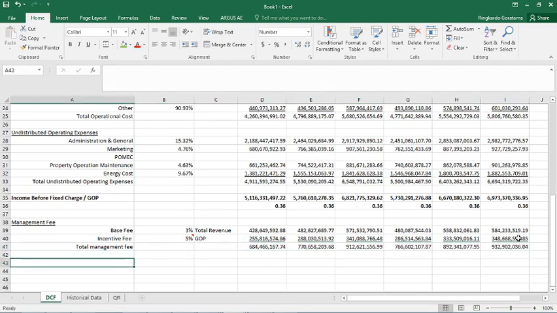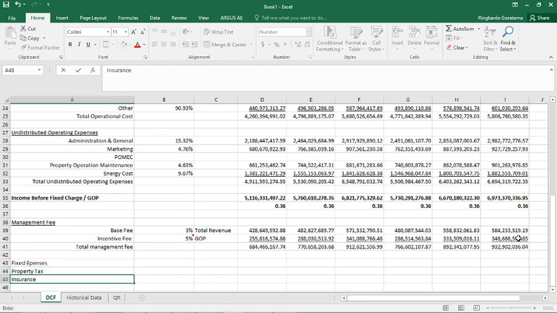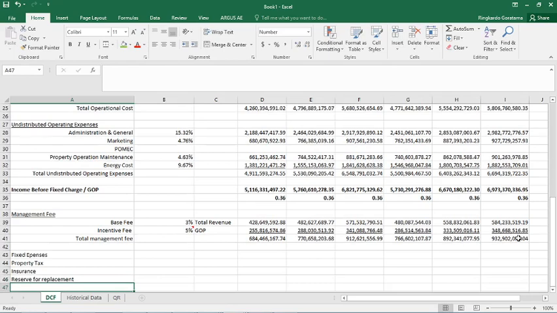Next one is calculate the fixed expense. Let's say it cover the property tax, the NGO pay. We get the information, the insurance for the building, and the reserve for replacement. Okay. Let's say for the fixed expense, the increment will be 4% every year.